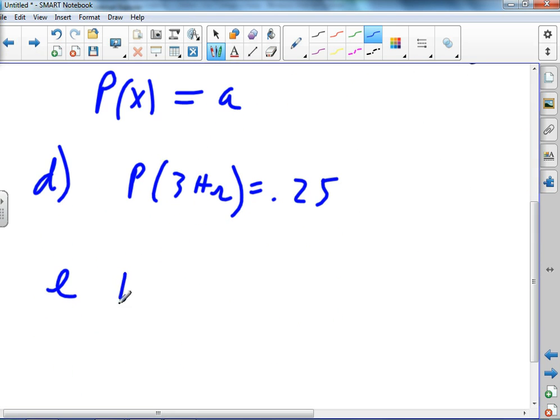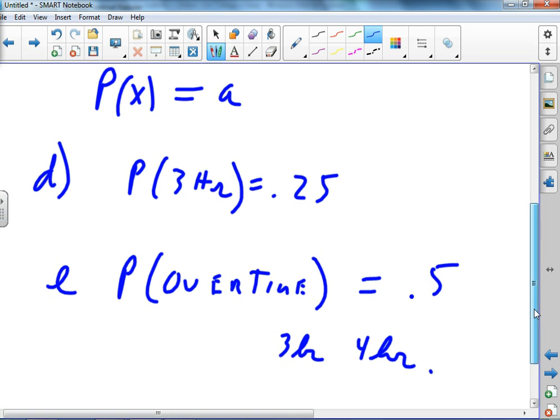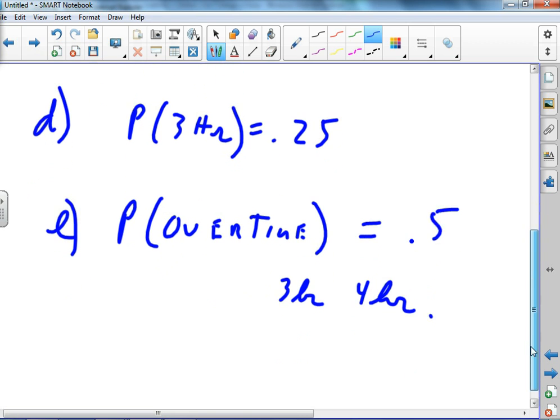The probability of overtime is 50%, because 3 hours or 4 hours won't do it. And that would be half of them. Okay, next problem.